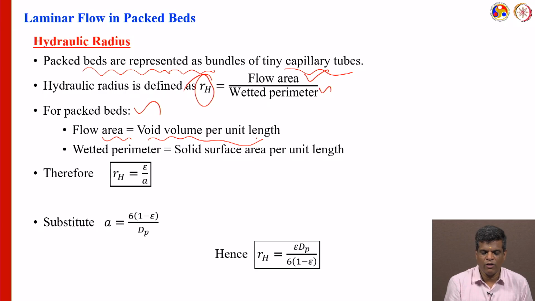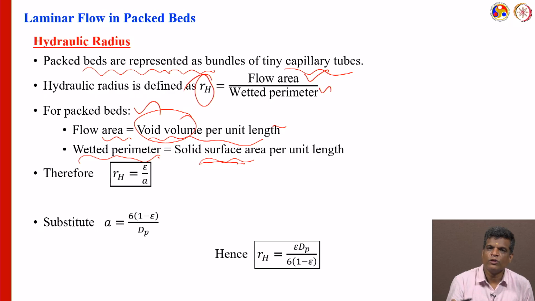For the wetted perimeter, it is the solid surface area per unit length. This is the difference: for the wetted perimeter we use the solid surface area per unit length, but for the packed bed flow area we use the void volume per unit length.